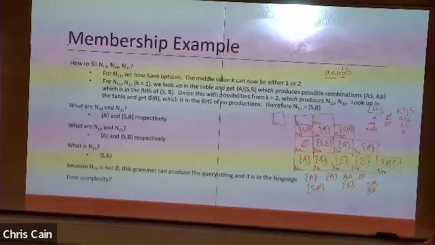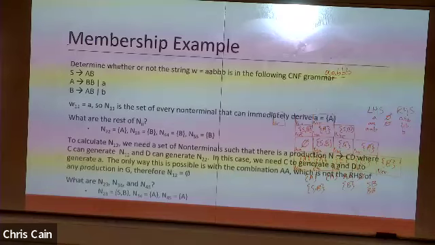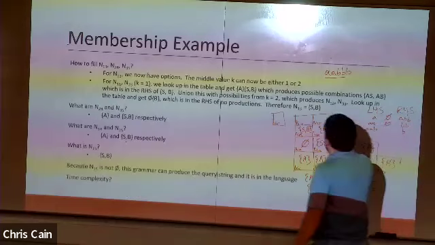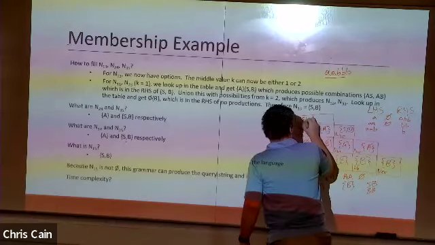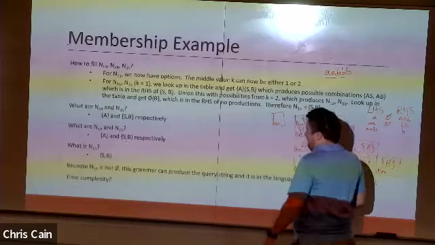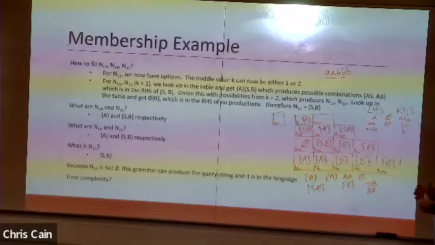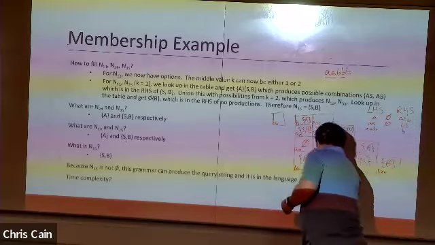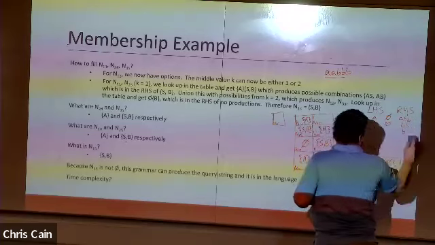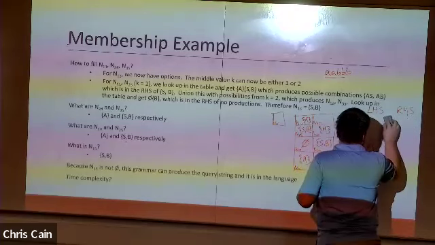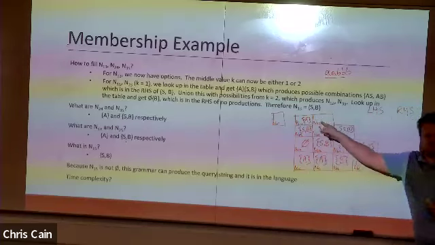Looking back at our grammar, what can produce either of those? SB or BB? Just A. Now we've calculated all of these, we union the empty set and the set that contains A all together, we get the set that contains A, which is what gets written here.